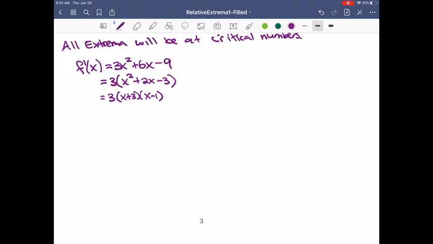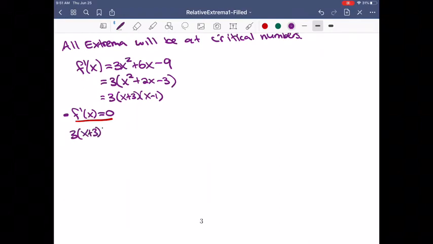Then I want to set the derivative equal to 0, because remember I'm trying to find my critical numbers. So that's when 3 times x plus 3 times x minus 1 equals 0, which means I have 3 things that are multiplied together equaling 0. One of them has to be 0. This one obviously cannot be 0 because it's 3.